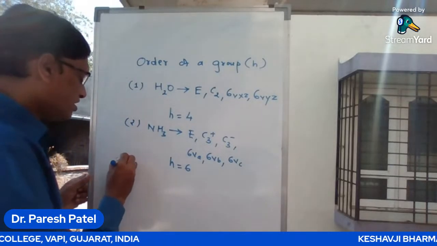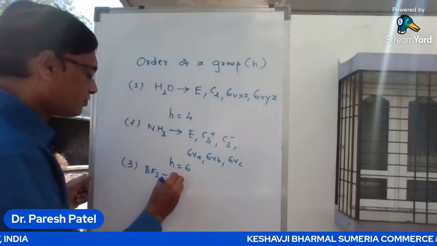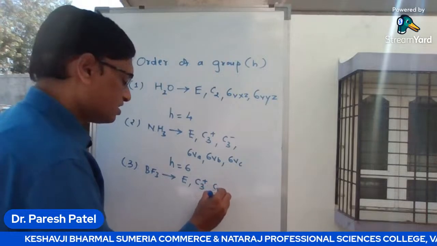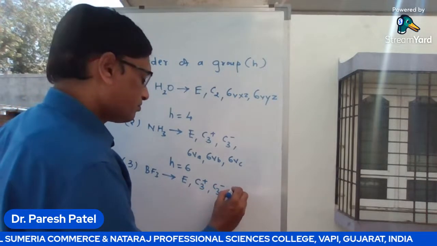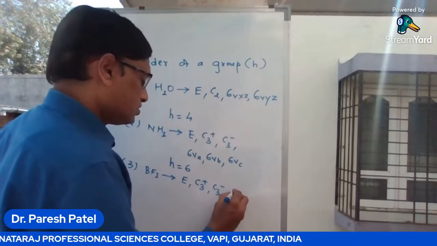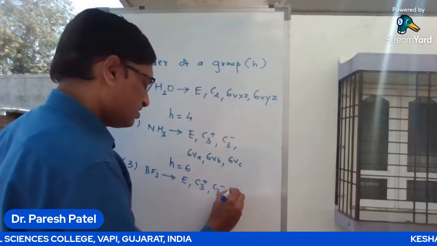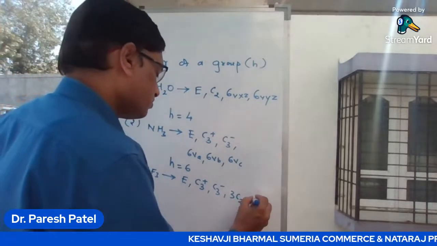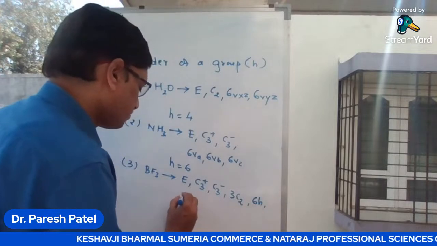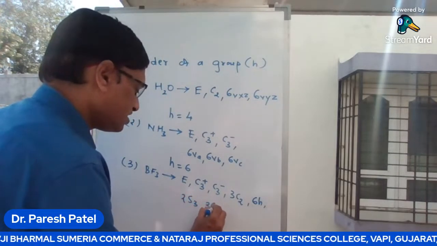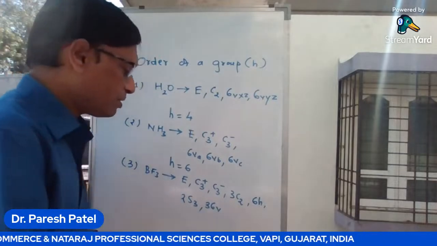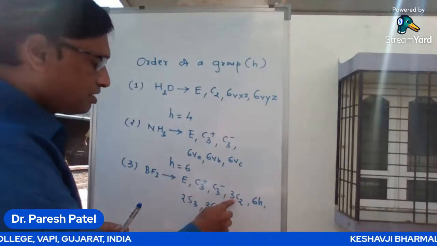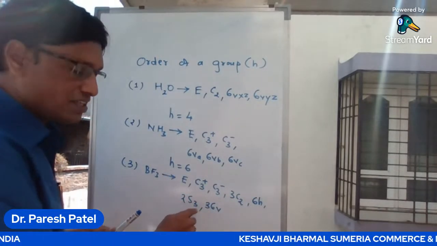Third one, in the case of the BF3 molecule, symmetry elements are E, C3 plus, C3 minus, and C3 perpendicular to 3 C2s, sigma H, twice S3, and 3 sigma V. So in the case of the BF3 molecule, the number of symmetry elements is equal to 12. 1 plus 2, 3, 3 plus 6, 9, and 3, 12.